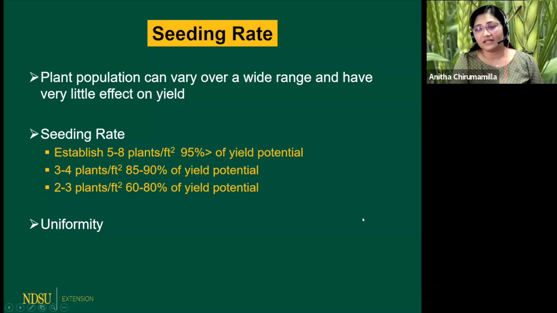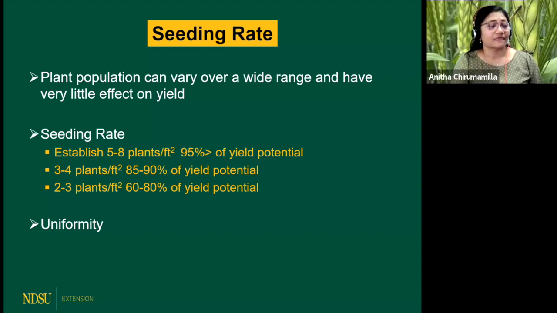However, for the ideal seeding rate, we need to aim to establish 5 to 8 plants per square foot. That will give us the highest yield potential of 95% or more. Then by dropping the plant density to 3 to 4 plants per square foot, we can still get 85 to 90%, but we are losing 5 to 10 percentage points of yield.